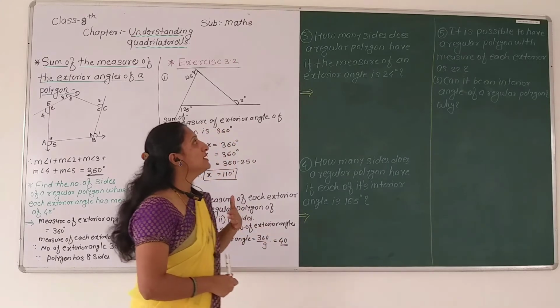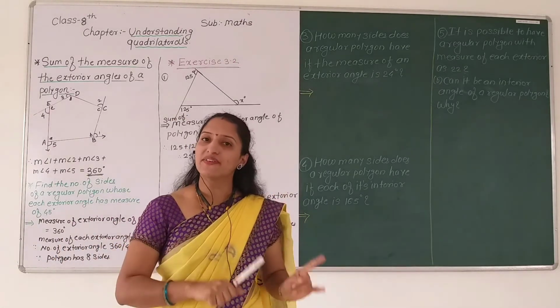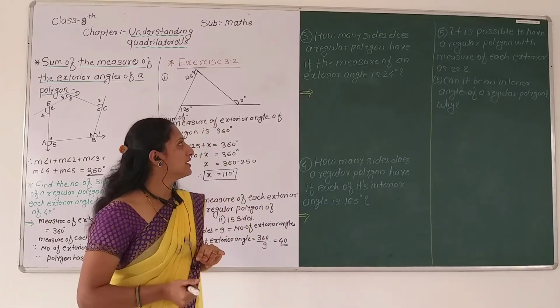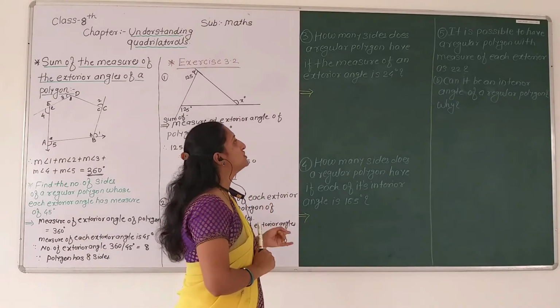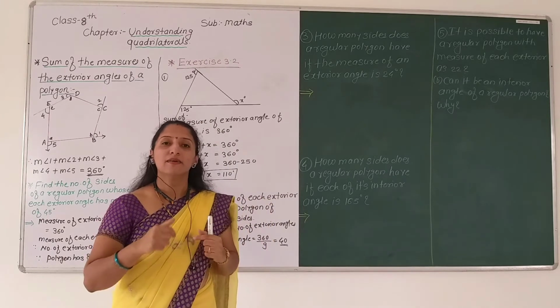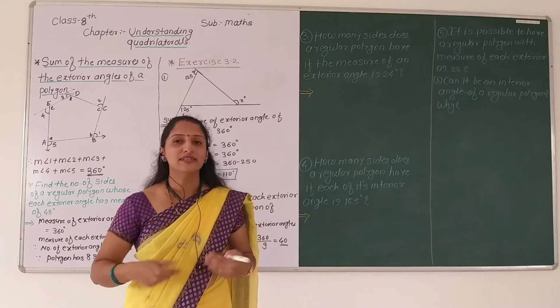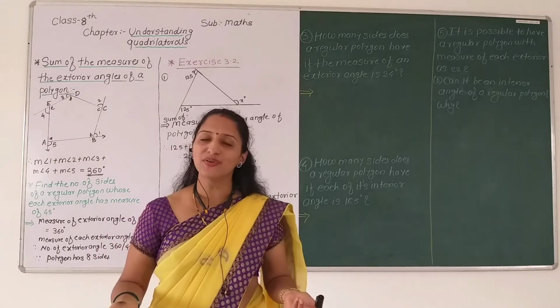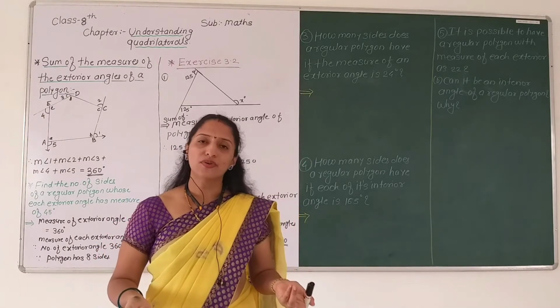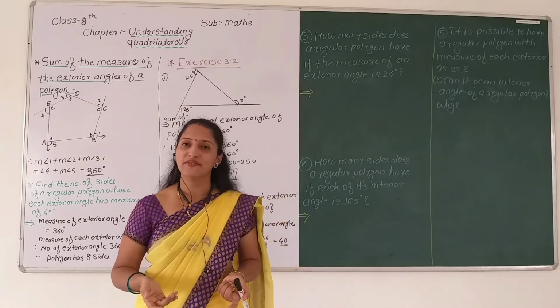A regular polygon is equilateral, equiangular, right? That is, the measure of each exterior angle is 24 degree and the sum of the measures is equal to 360 degree. So you can find the number of angles from this using division.